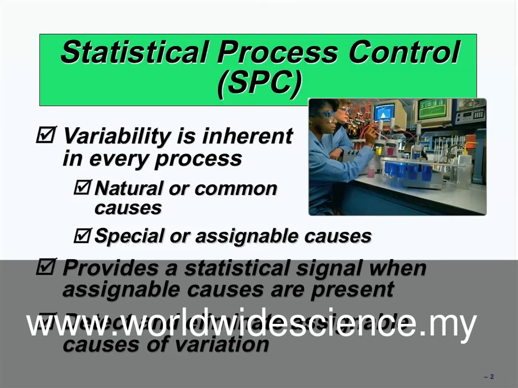So please let me tell you again. All of the products are not exactly the same. They are different in production. This difference can be natural or common, and the operation manager cannot do anything because it's natural and out of control. But some of the differences or defects are special or assignable causes.